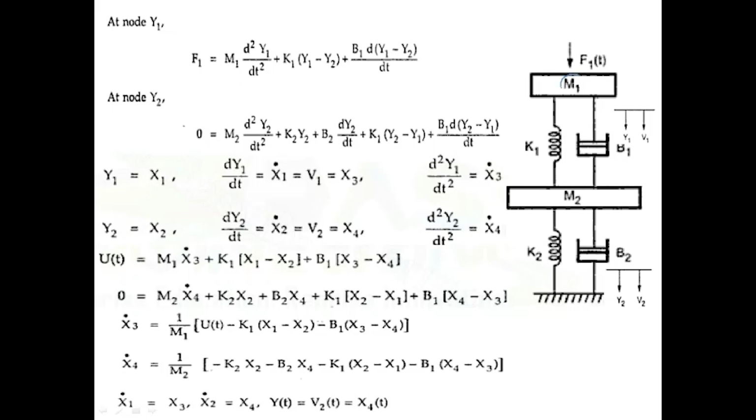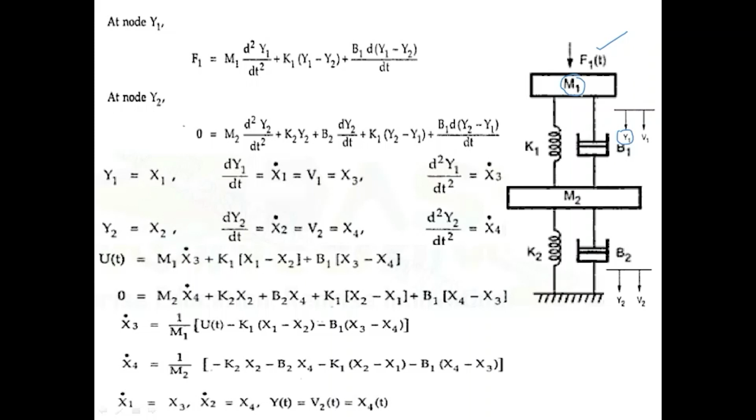First of all, we must write the force balance equation. For mass 1, the force balance equation we have studied in unit 1, that is input force F1 is equal to m1 into d square y1 divided by dt square, because the displacement of m1 is y1, plus we have two elements connected between m1 and m2.